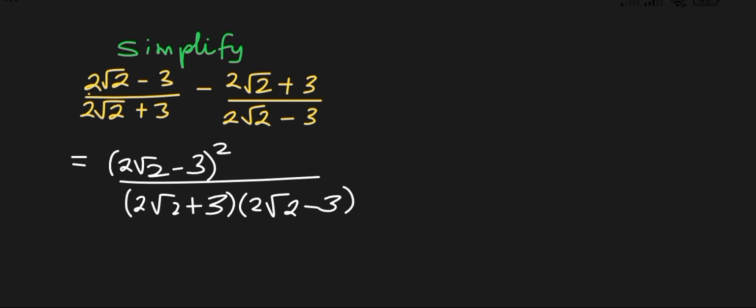Likewise, the second 2 root 2 minus 3 cancels out, leaving us with 2 root 2 plus 3 times 2 root 2 plus 3. That's 2 root 2 plus 3 squared.